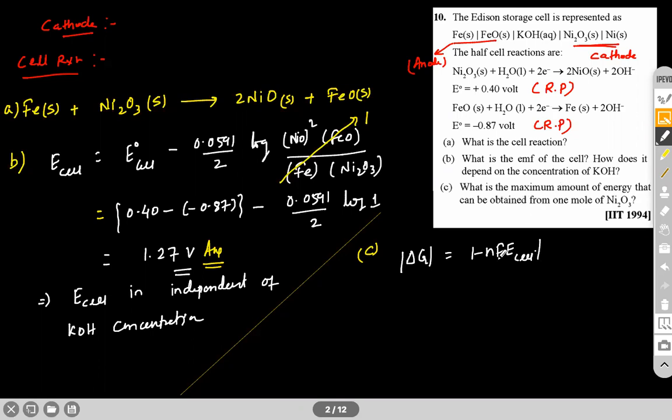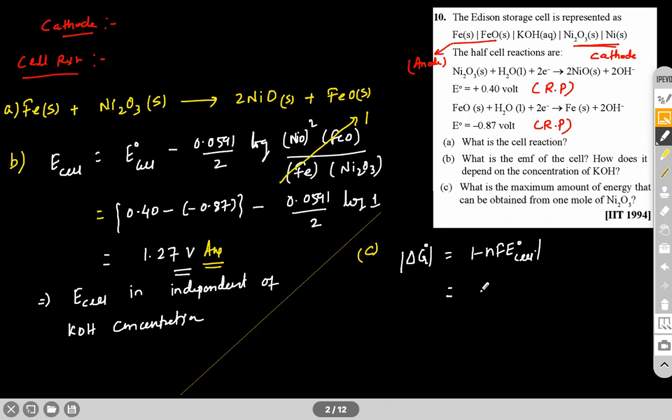Since maximum amount of energy has been asked, so it must be E naught cell. We won't take EMF. EMF is this E cell. E naught cell, if you take, when it has 100% efficiency, all this E naught cell converts into energy, then we'll get the maximum energy, right? That's why we have taken E naught, not E cell here.